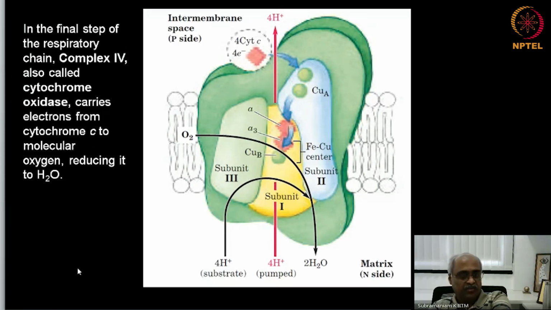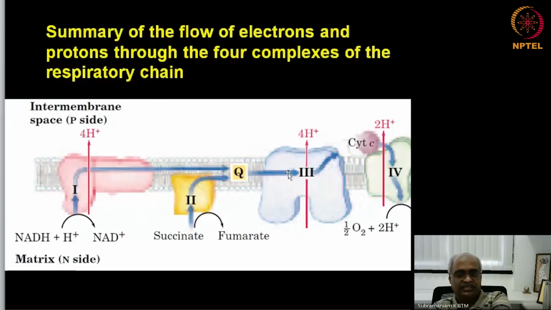So I'll stop here today, and then the more theoretical considerations of this process, that is the chemiosmotic theory, we will do it tomorrow. So this is the summary of whatever we have learned so far.